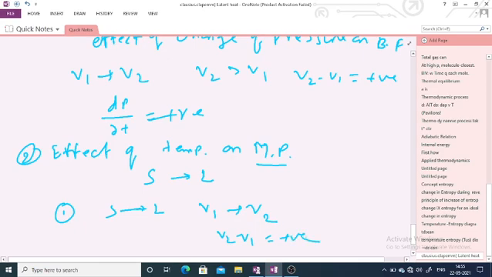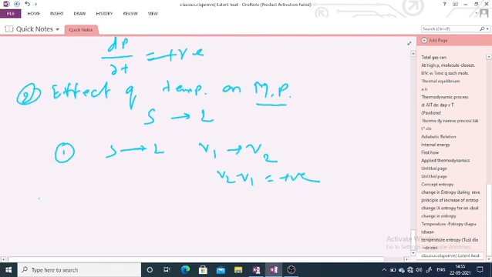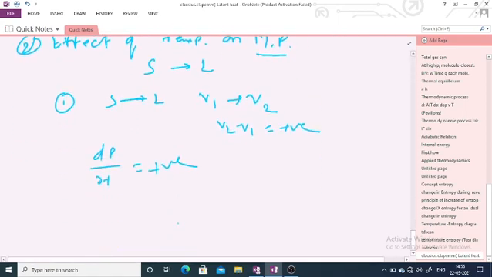If V2 minus V1 is positive, then dP upon dT is positive. Then your melting point will increase with an increase in pressure. Melting point increases with the increase in pressure. You should remember it, because there is an MCQ: melting point increases with increasing pressure.